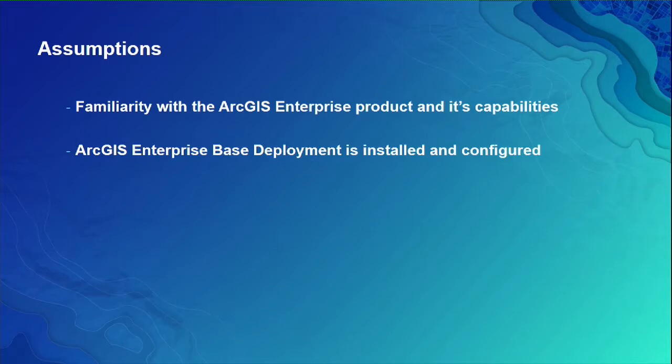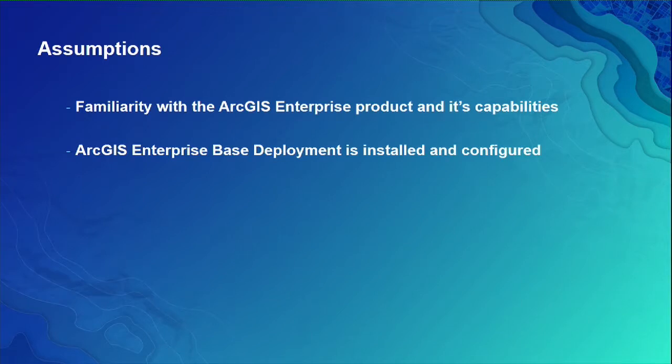So to start, we are assuming that you are familiar with ArcGIS Enterprise as a product and what its capabilities are. We're going to do a brief overview of what that is and what the base deployment is, just as a recap. But hopefully you'll understand, when we start saying things like ArcGIS Server and Portal, what those mean. Next, we're going to be talking about the ArcGIS Enterprise base deployment.